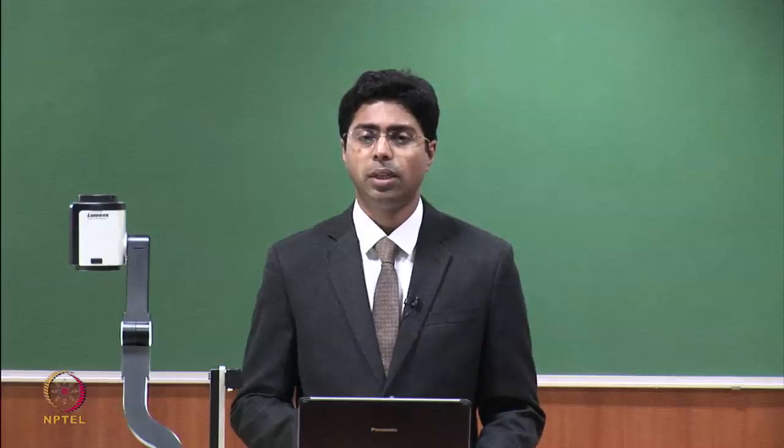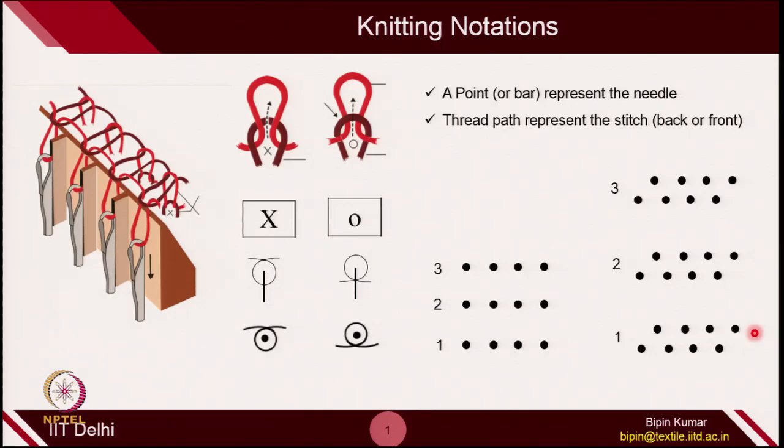If you are running multiple courses on double bed machines, you keep continuing these types of arrangements. So, you first need to select the number of needles which are doing the knitting, and you also have to represent that number of needles multiple times depending on how many courses you are going to create.